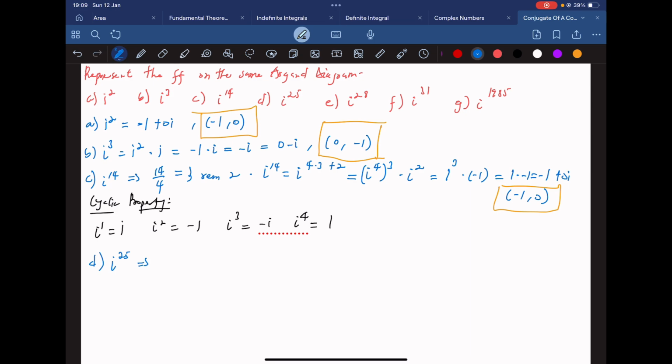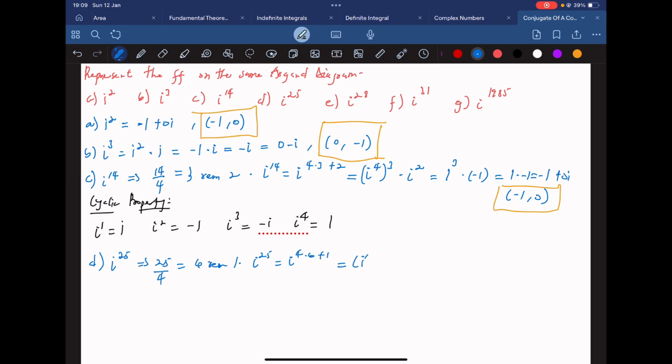So to do that, first of all, divide 25 by 4, and you're going to get 6, remainder 1. So you can write i to the exponent of 25 as i to the power of 4 multiplying 6, plus 1.